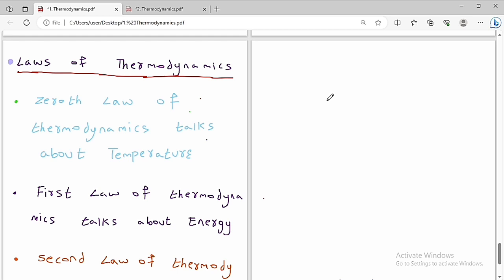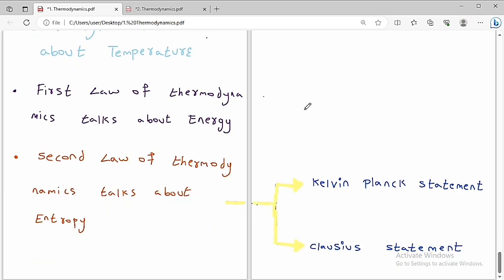Now the second law of thermodynamics basically deals with entropy. In this we have two statements: one is the Kelvin-Planck statement and the other is the Clausius statement. The Kelvin-Planck statement says that you cannot design any engine which has 100% efficiency. Whereas the Clausius statement basically tells you how the heat flow happens.